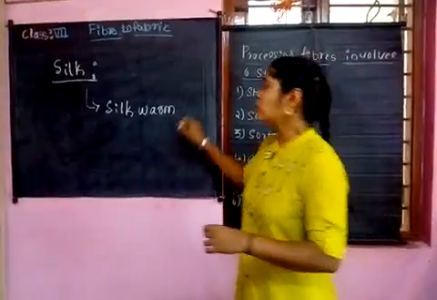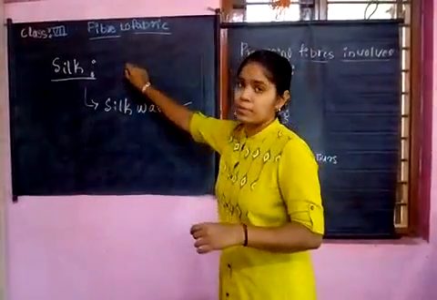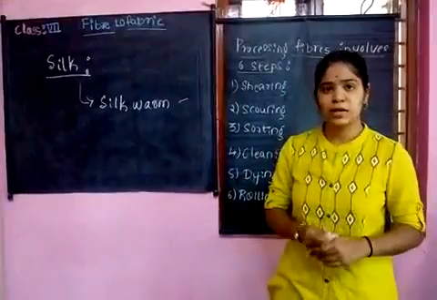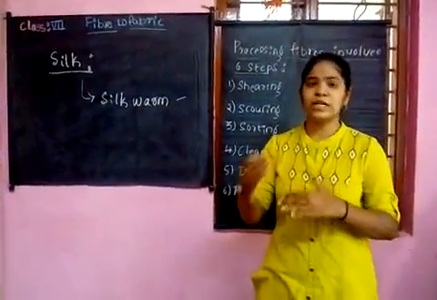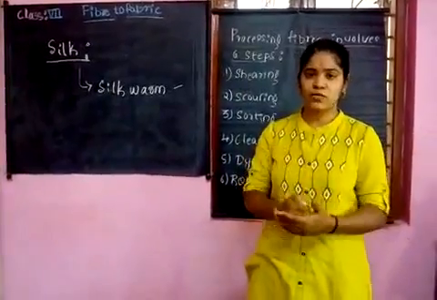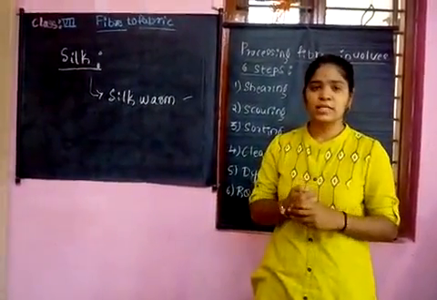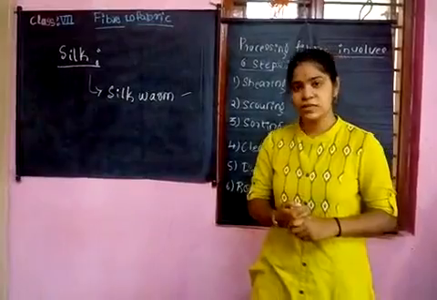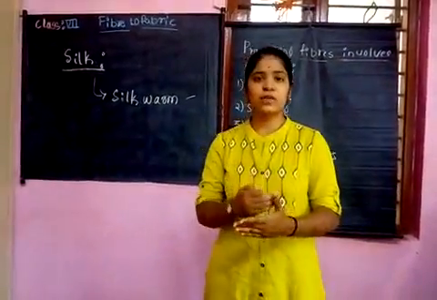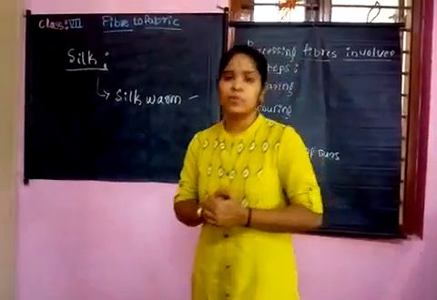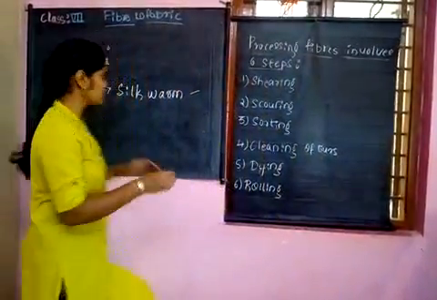Okay, so this is the silkworm and the yielding of the silk. The process of yielding the silk material from the silkworm is called sericulture. That is, obtaining the silk from the silkworms is called sericulture.